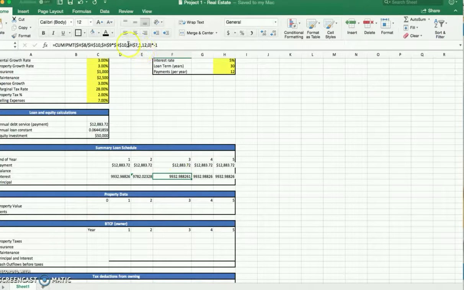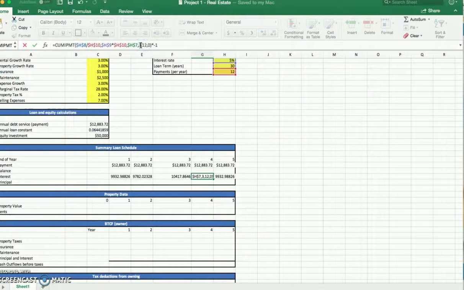And then do the same thing with the rest of these: 25, 37, 38, and the last one will be 63.